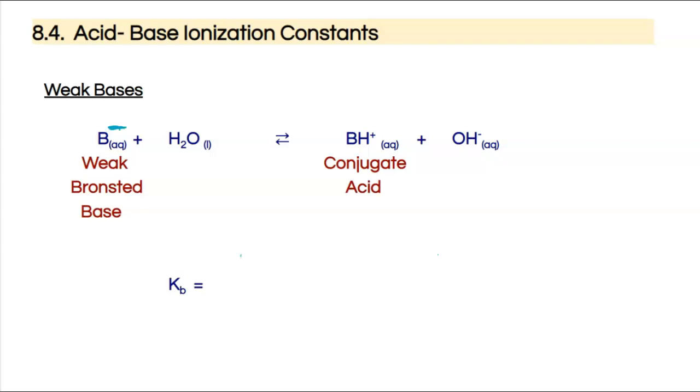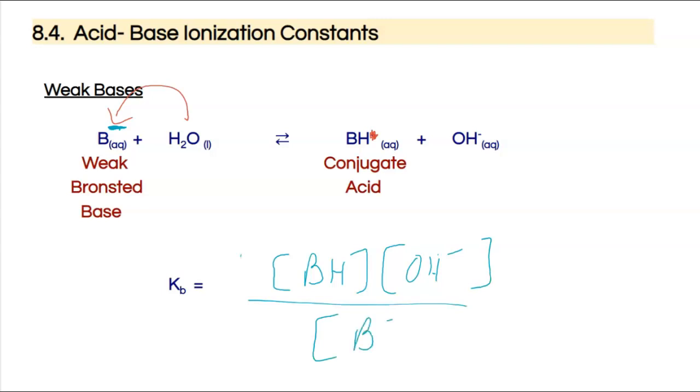Then I would still see that same proton donation, except that I would just not have that positively charged conjugate acid in the end. My Kb expression would be the same, just with that charge gone, right? So BH times the concentration of OH minus divided by the concentration of B minus. So those essentially can represent the same thing.